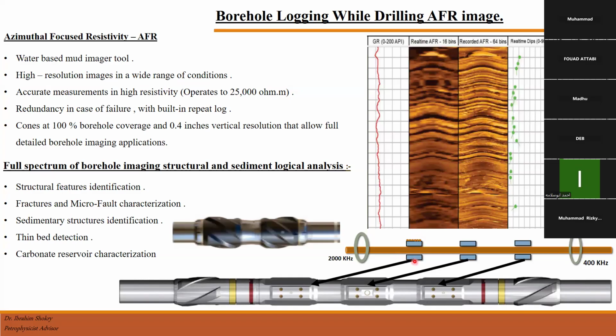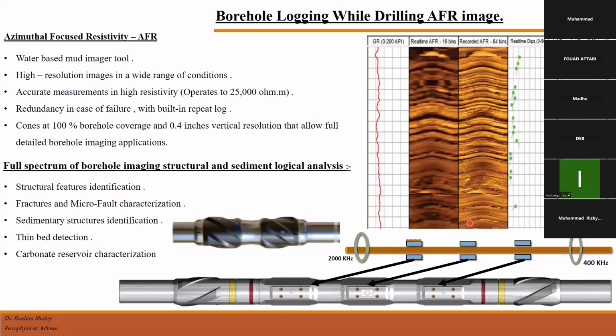So the detection of features inside your formation relies on the near sensor, while the far one relies on the RT, the true formation resistivity of your formation.